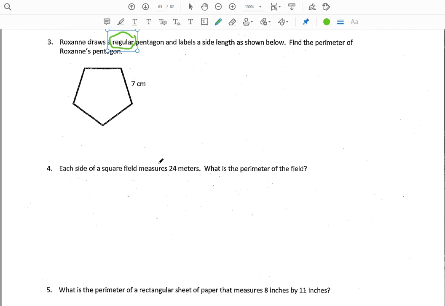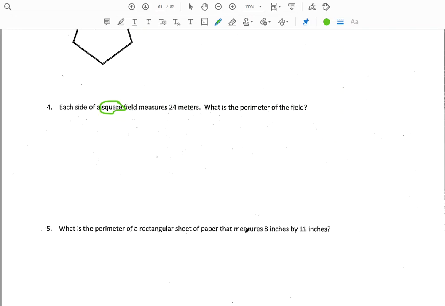Each side of a square field, square means all the sides are the same, measures 24 meters. What is the perimeter of the field? So they're giving you a side. I'm sorry, I thought they gave you the perimeter. They're giving you the side, 4 sides to a square. You can multiply it out.